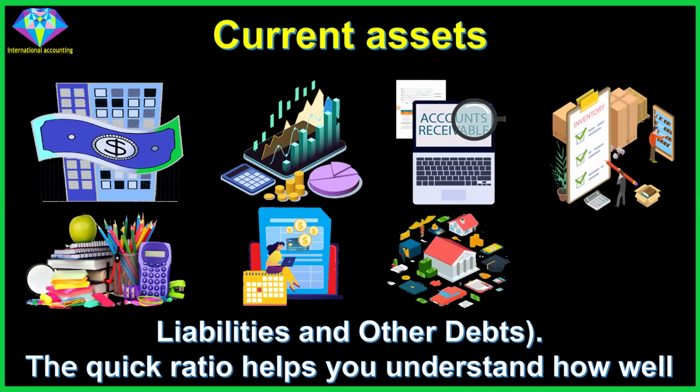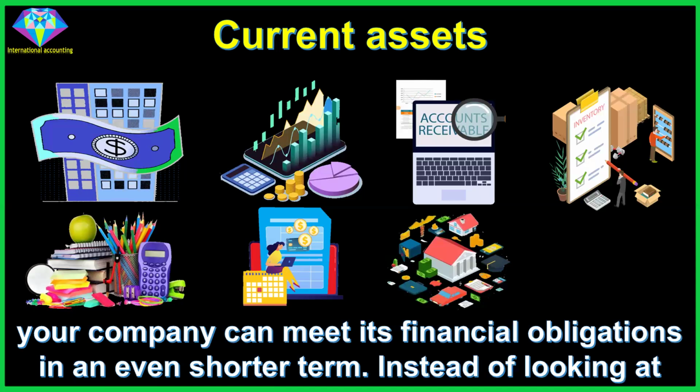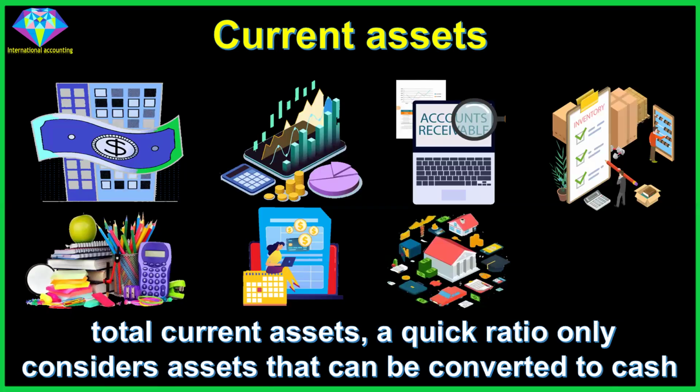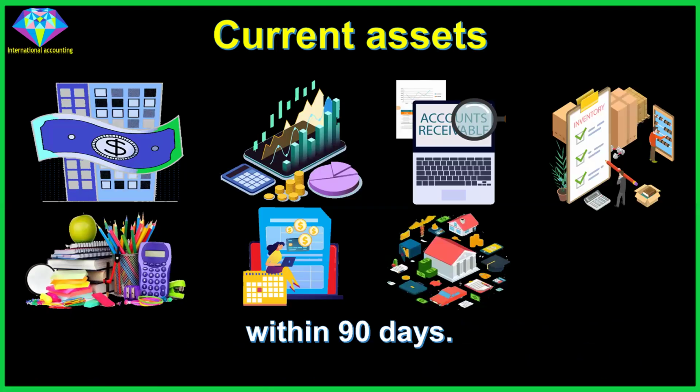The quick ratio helps you understand how well your company can meet its financial obligations in an even shorter term. Instead of looking at total current assets, a quick ratio only considers assets that can be converted to cash within 90 days.